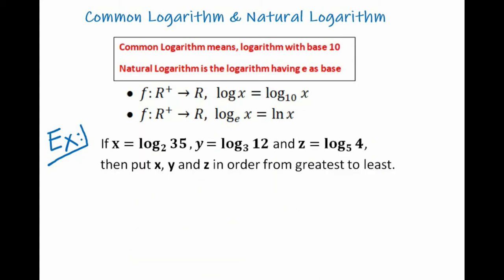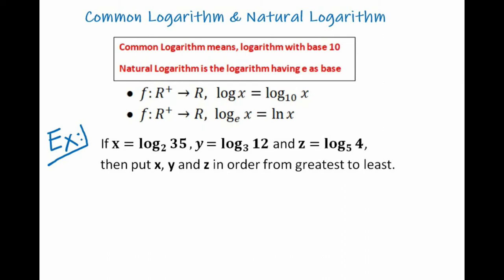In this question, x is given to us as logarithm of 35 in base 2, and y is given to us as logarithm of 12 in base 3, and z is given to us as logarithm of 4 in base 5. So we are asked to put x, y, and z in order from greatest to least. So which one is greater and which one is smaller?